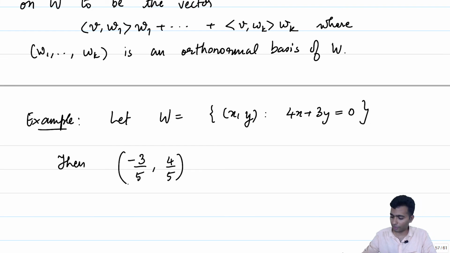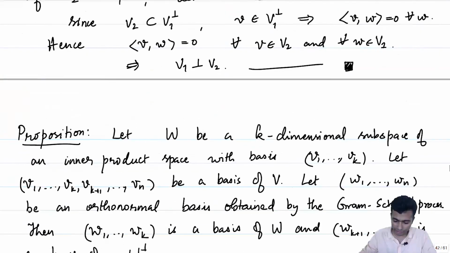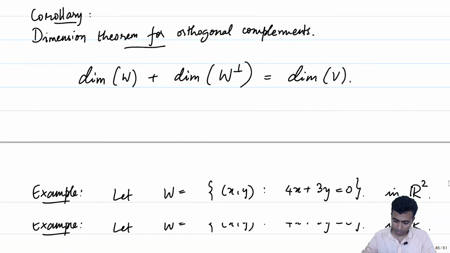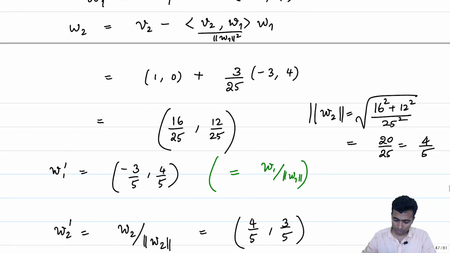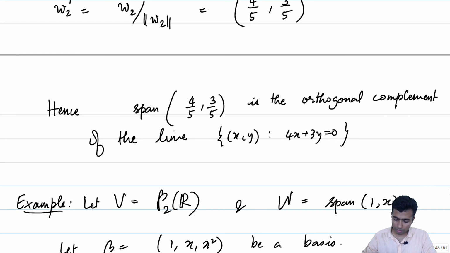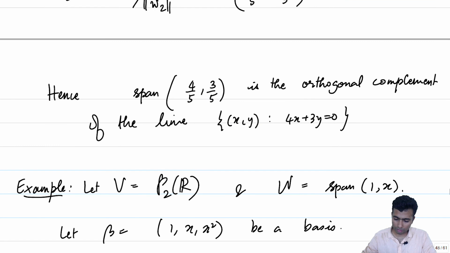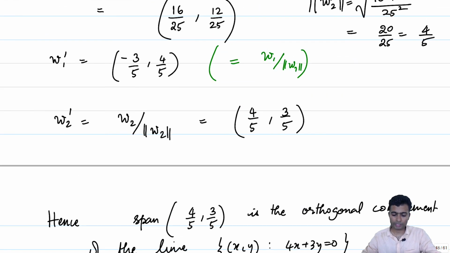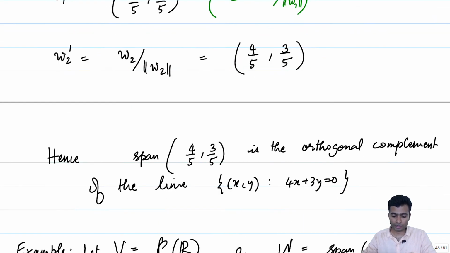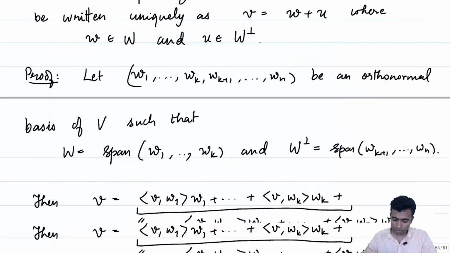I guess this is what we had calculated earlier. Let me just check. Yes, minus 3 by 5 and 4 by 5, W1 prime. That is an orthonormal basis of our given subspace.